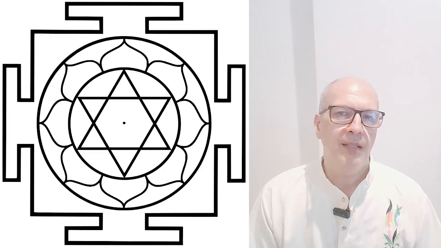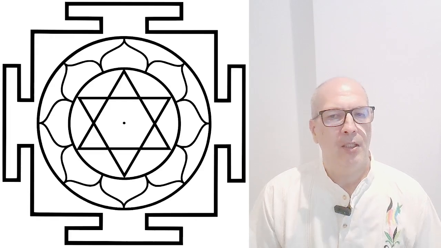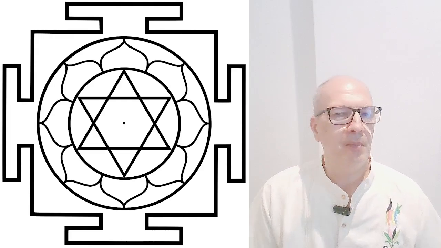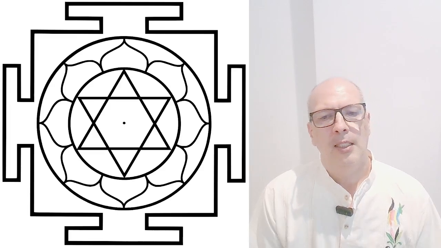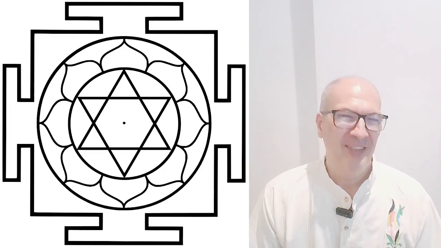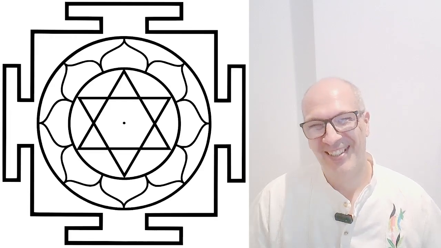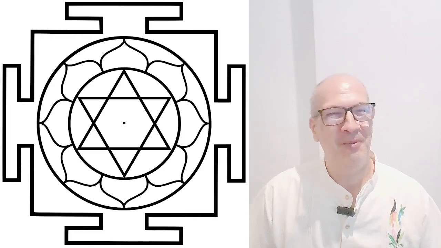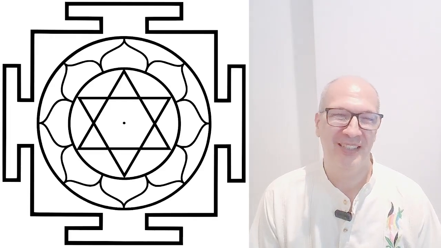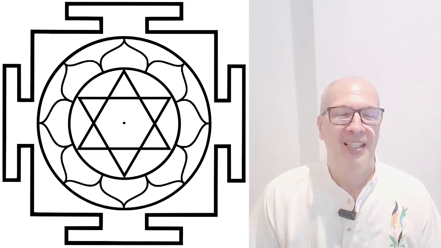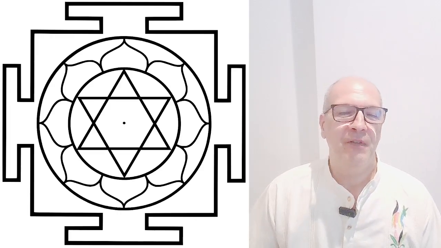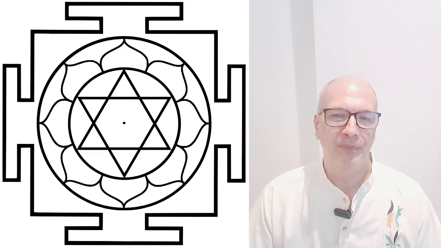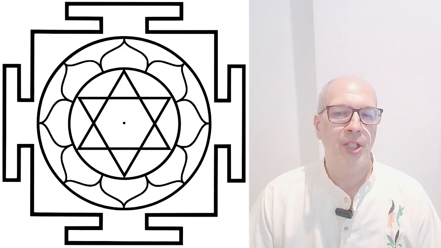Then we have this 8 petal circle. For sure, in different yantra it means different things, but again, usually, and I think you are quite tired of this usually, but we use this because usually the 8 petals are referring to the so-called Puryashtaka.